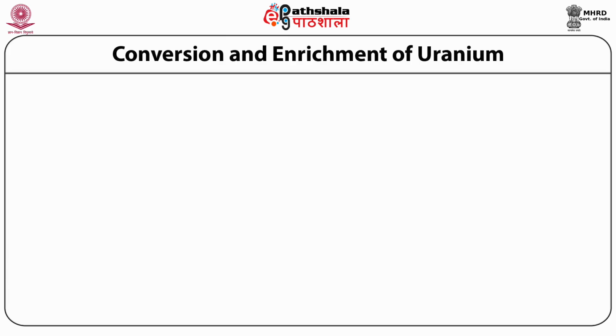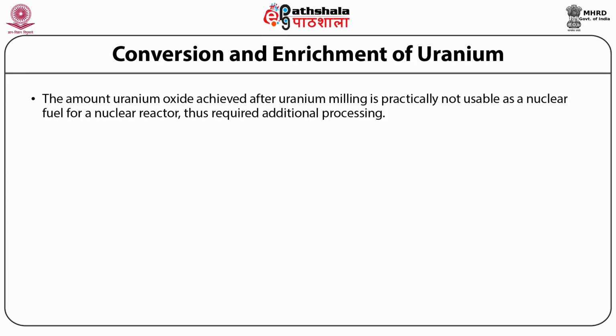Next step is the conversion and enrichment of uranium. The uranium oxide achieved after uranium milling is practically not usable as a nuclear fuel for a nuclear reactor. Thus, it requires additional processing.